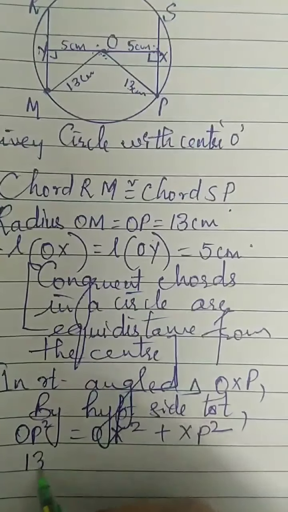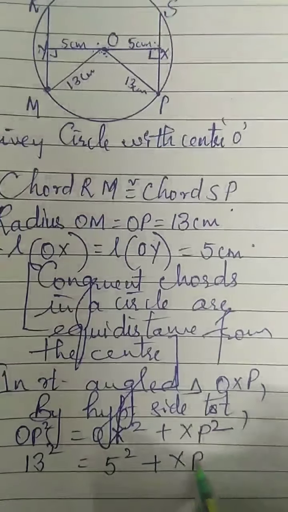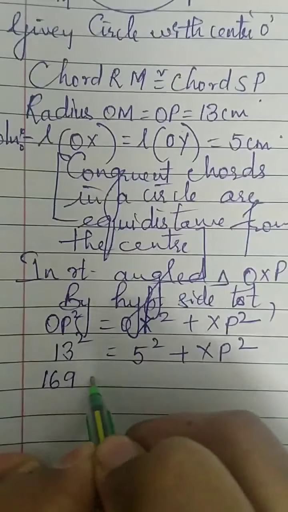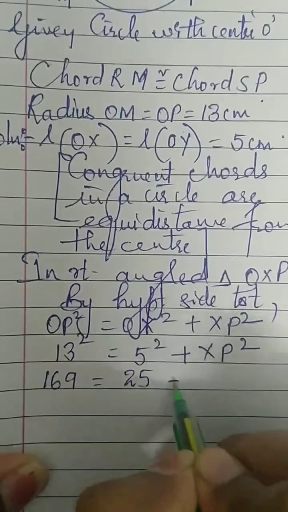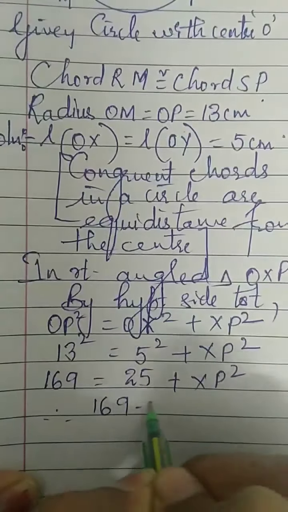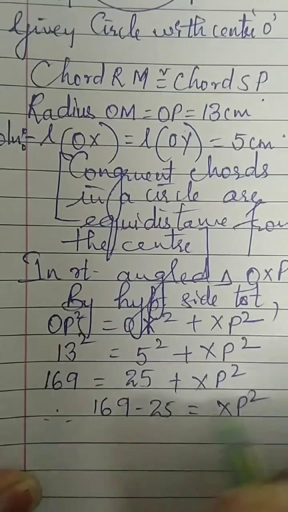OP is 13, square is equal to OX is 5, square plus XP square. Solve it. 13 square is 169, is equal to 5 square, 25, plus XP square. Therefore, 169 minus 25 is equal to XP square.